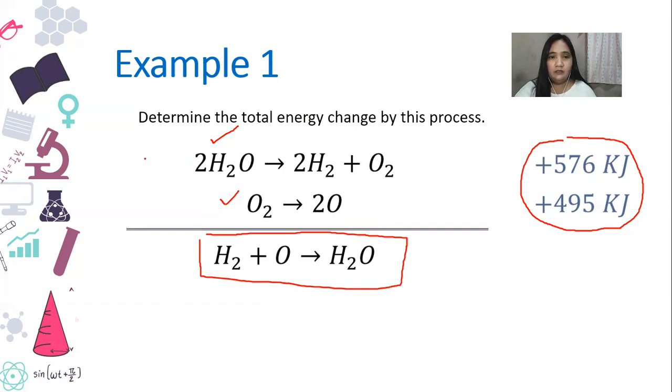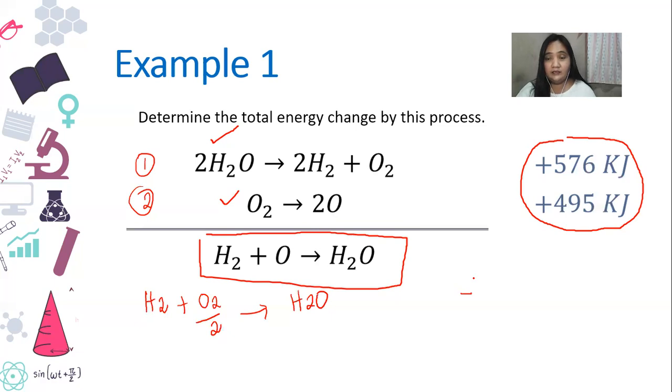Let's call this equation 1 and this equation 2. So let's invert the positions, dividing by 2. That's H2 plus O2 over 2 yields H2O. I divided by 2 because I need only one water on the right side, and I inverted the positions, so I expect something negative for the enthalpy heat.